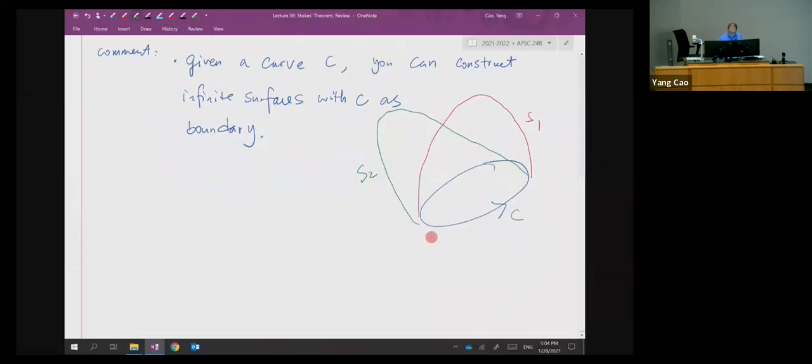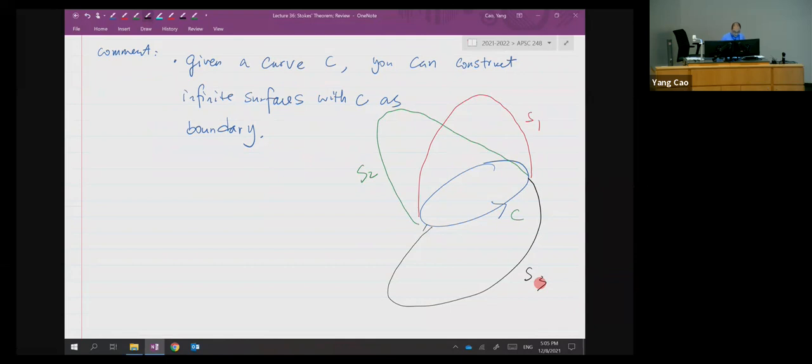And I could draw a different one at the bottom here, S3. All of these have the same boundary, curve C, and technically we can draw infinitely many surfaces.